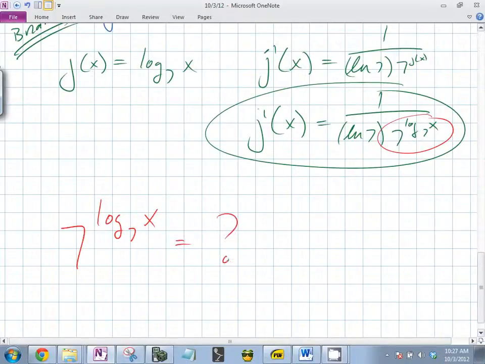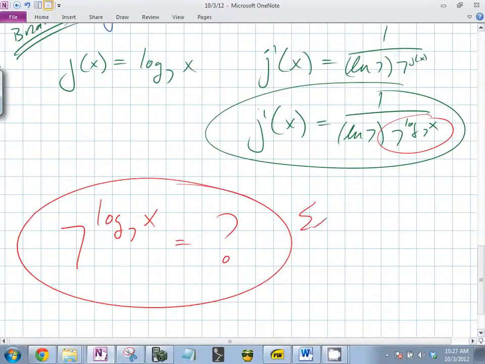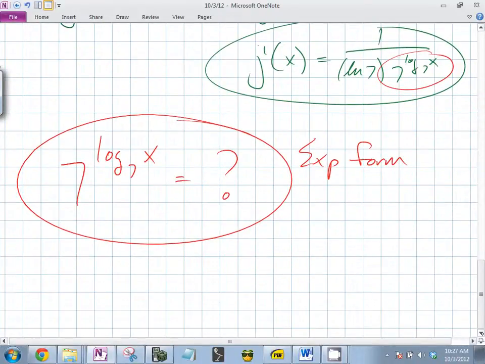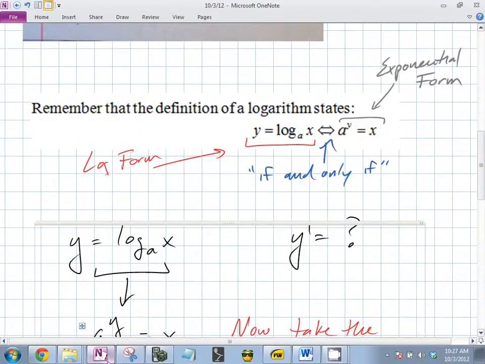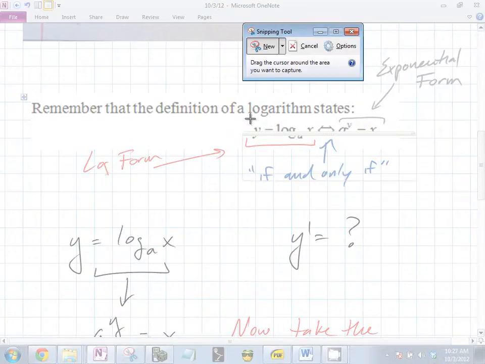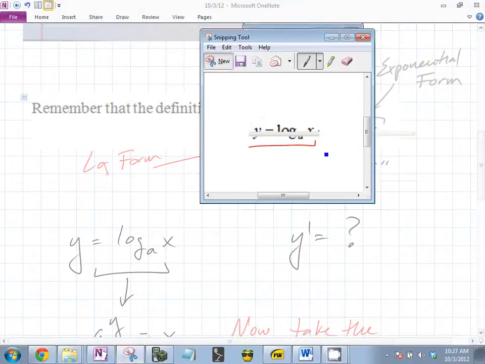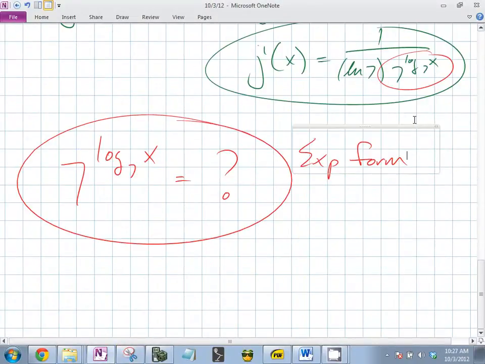Let's say we didn't know what that equals. This right here is exponential form. If we have something in exponential form, what can we translate it into? Log form. So let's actually translate this back into log form and see what happens. Here's log form. And that didn't really help me. y equals log base a of x, if and only if what is true? a to the y.